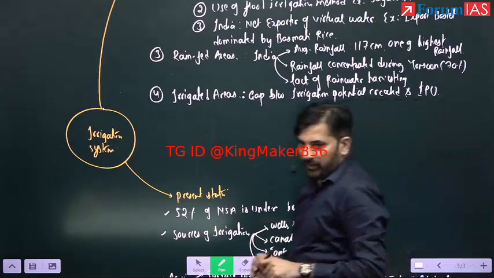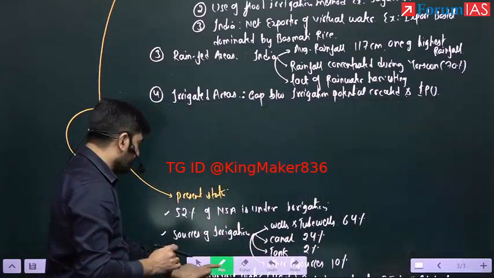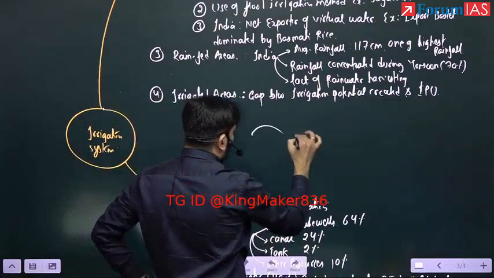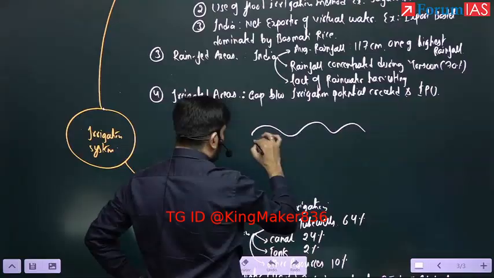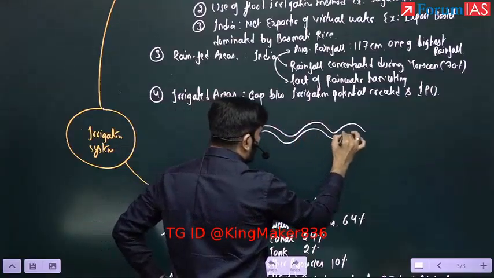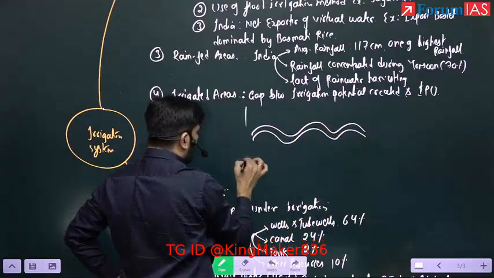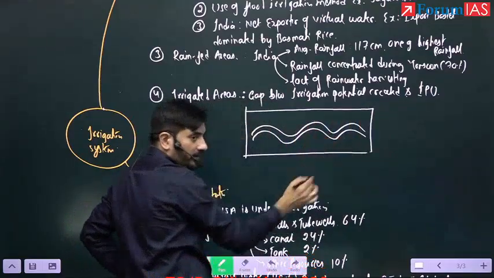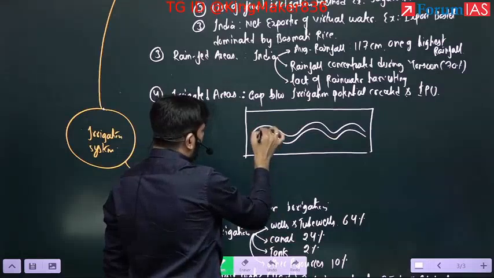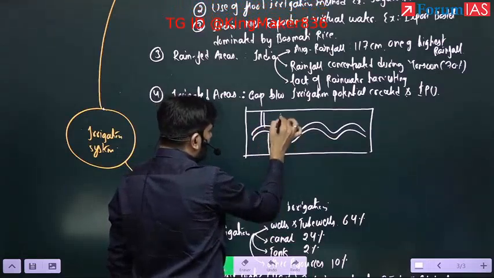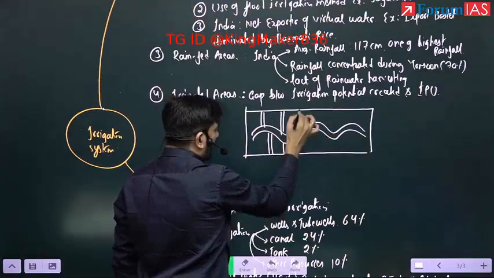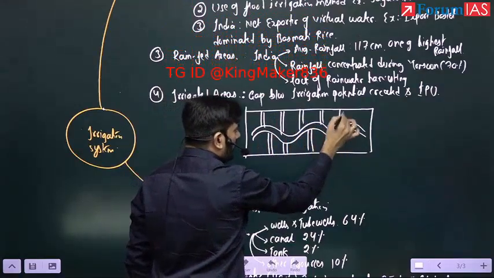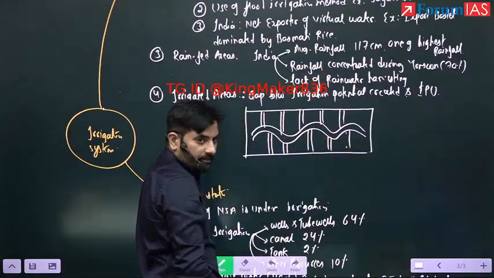What is this gap? Let's try to understand. Let's say this is a river. In exam, don't make the diagram. This is just for your understanding. From this river, we take out the canals like this, and the canals will carry water to the agricultural fields.